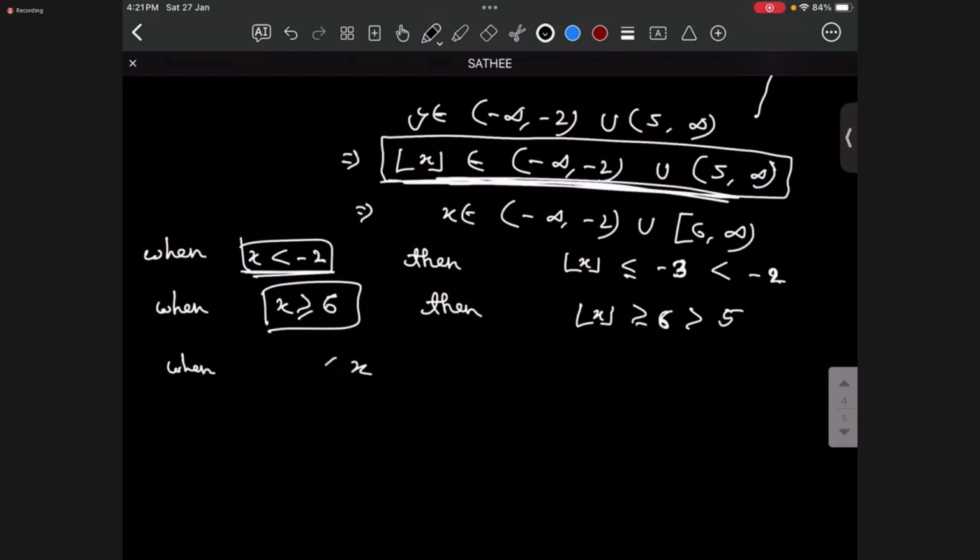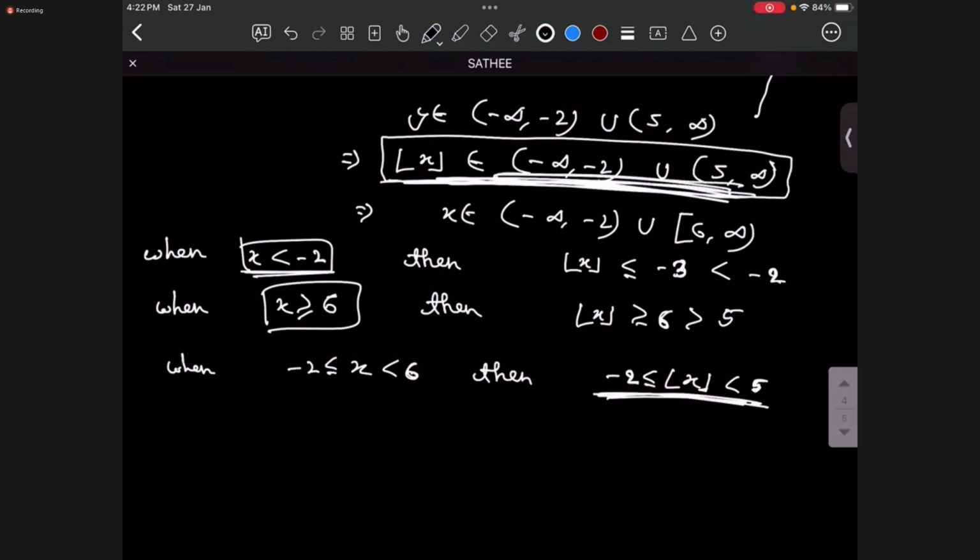Whenever x is greater than or equal to minus 2 and less than 6, in this case, box x should be greater than or equal to minus 2 and less than 5. Now you can clearly check that this range of box x is disjoint from this given range.